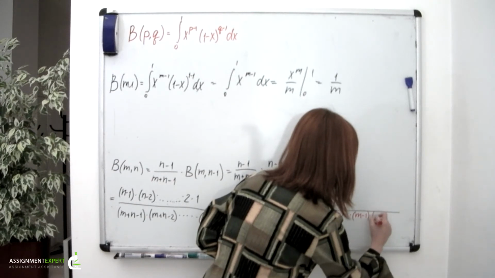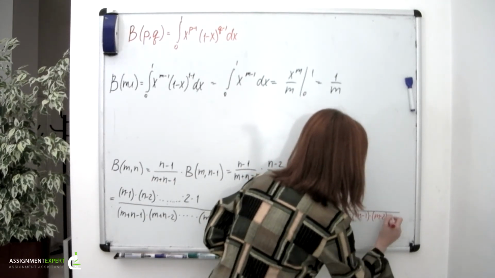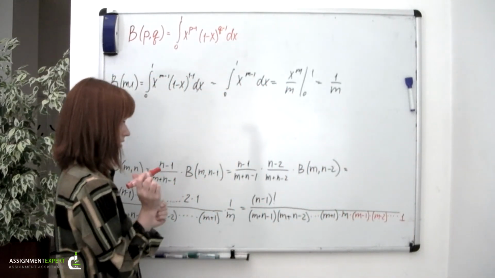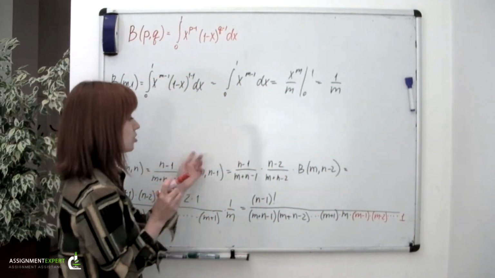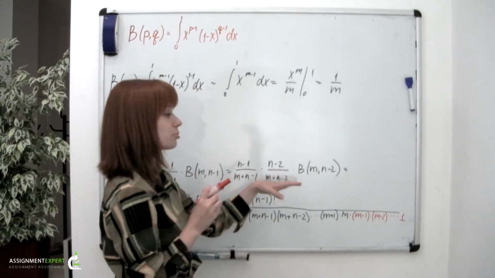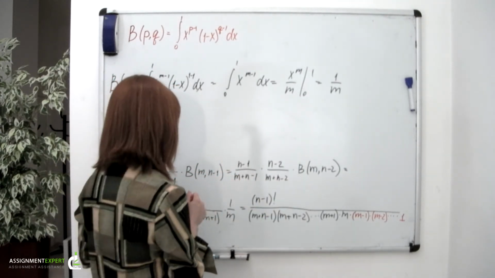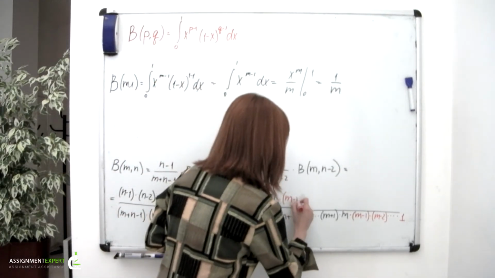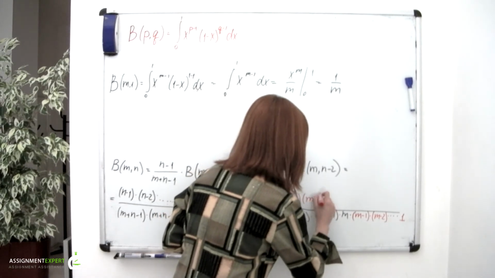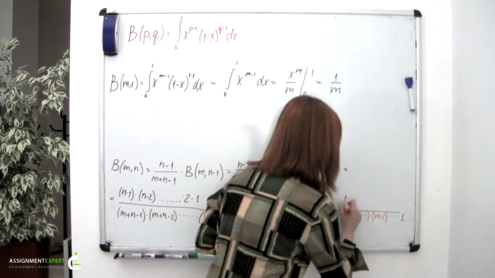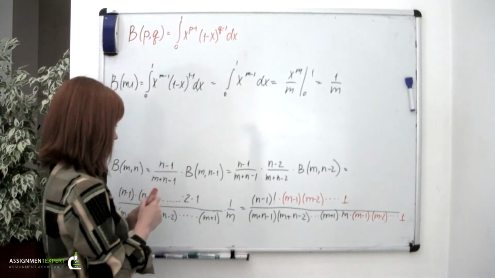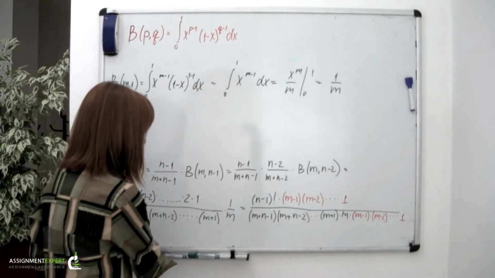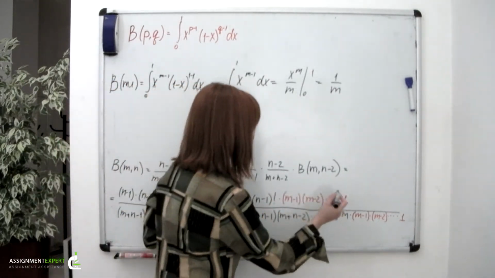m minus 1, m minus 2, and so on until we've reached 1. But in order not to change the whole fraction, we must multiply the numerator by exactly the same number. So we'd multiply the numerator by m minus 1, m minus 2, and so on until we've reached 1. But this is nothing else than m minus 1 factorial, this red stuff.